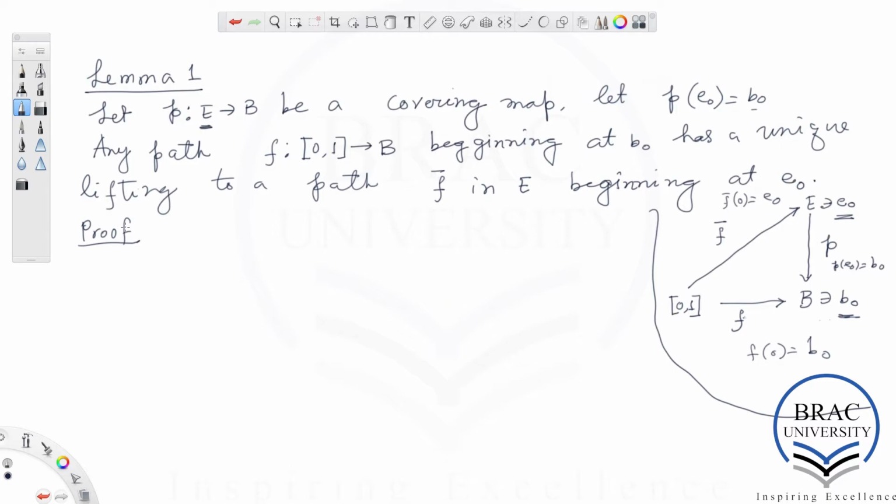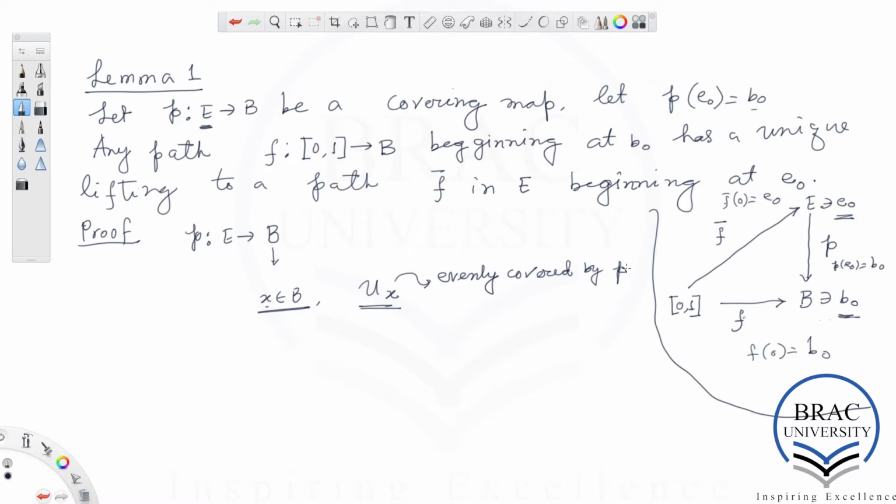Okay, first of all, since P from E to B is a covering map, for every point X in B, we can find an open set in B that is going to be evenly covered by P. Let us denote that open set by U sub X. So U sub X is a neighborhood of X that is going to be evenly covered by P. Good.